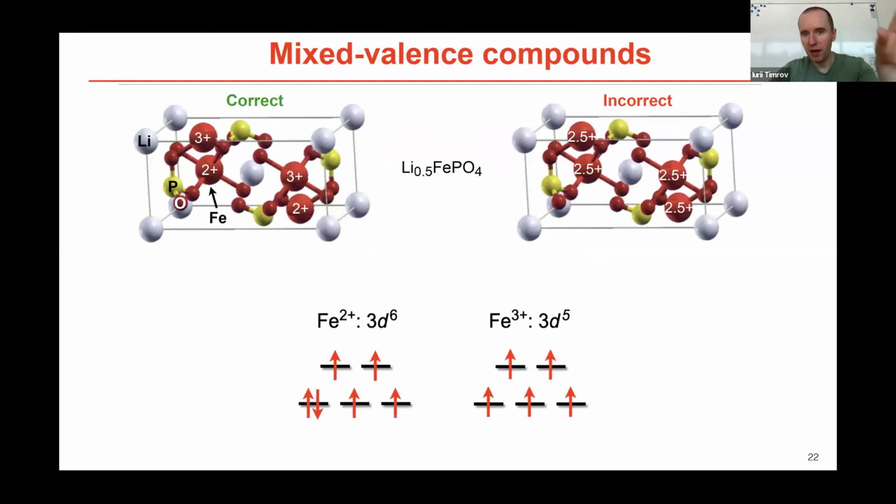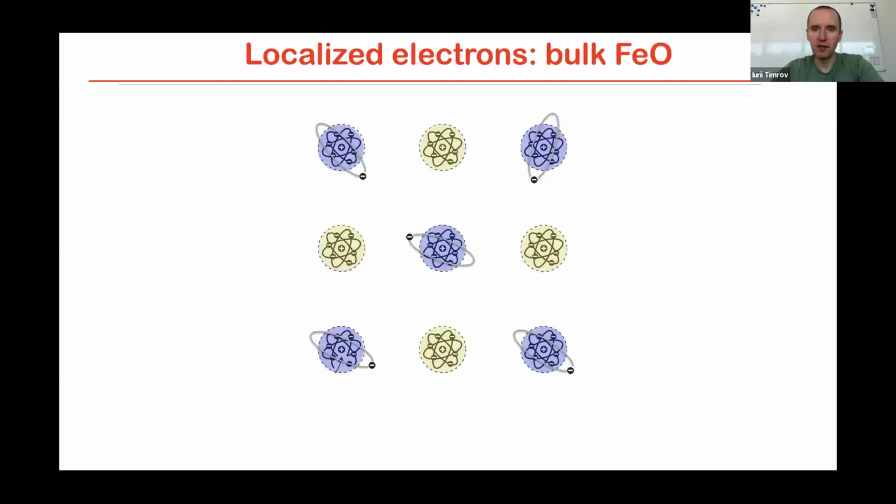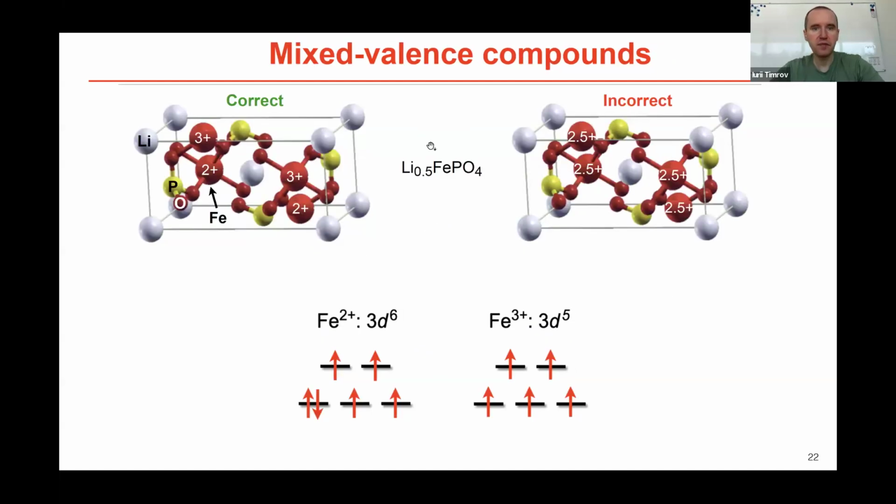And actually, coming back from that very simple cartoon to real materials, we also have the same observation, like in iron oxide, when we have localized electrons. So here we have an example of a battery compound, lithium iron phosphate, LiFePO4. So we still have iron and oxygen, but also we have phosphorus and lithium.